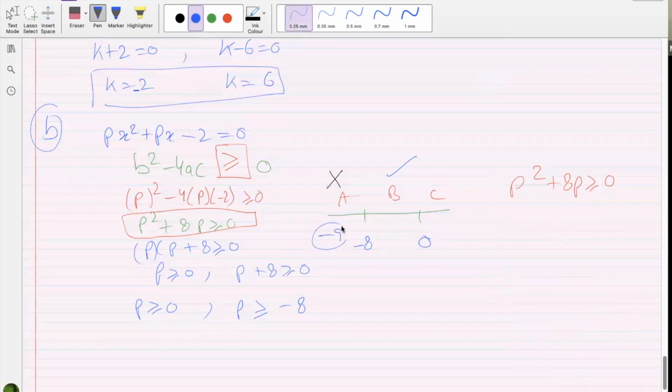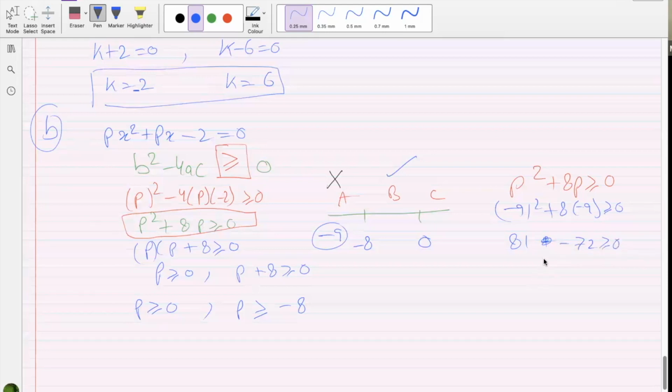If I choose minus 9 squared plus 8 into minus 9 is greater than or equal to 0. 9 times 9 is 81. And this is negative 72. And the difference is 9 is greater than 0, which is true.